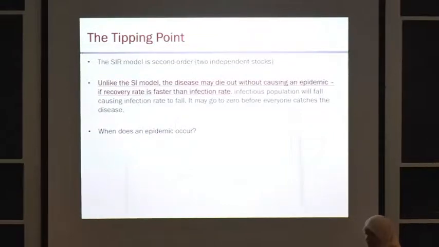And you can determine this mathematically for the formulation that I showed you previously, in which the idea is that when your infection rate is higher than the recovery rate, that's when the epidemic will occur. That's the tipping point. You can work out the algebra and find that out. You actually look at it in the closed form and determine that.